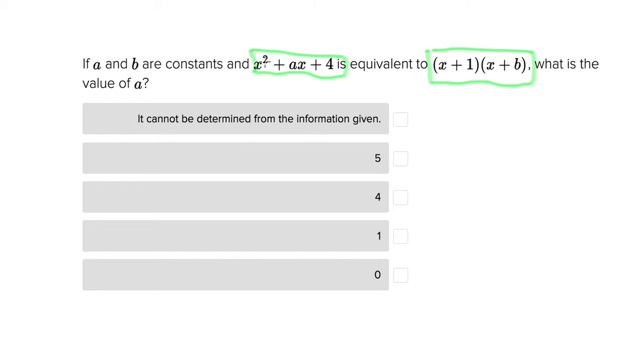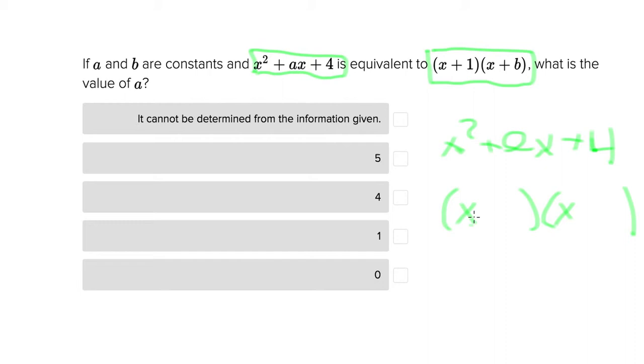If we were to factor this equation, usually you'd have to turn x squared plus ax plus 4 into something that, once you applied FOIL to it, produces some of these numbers.